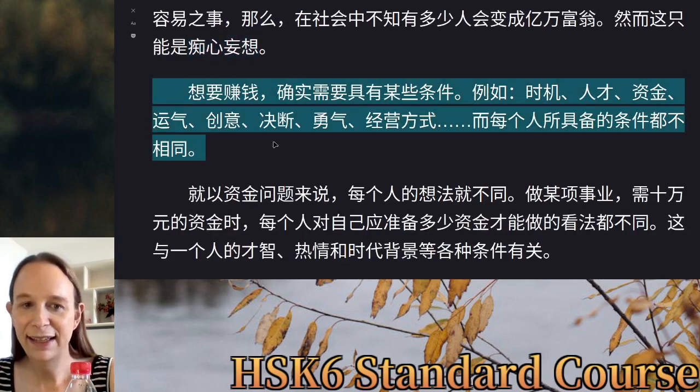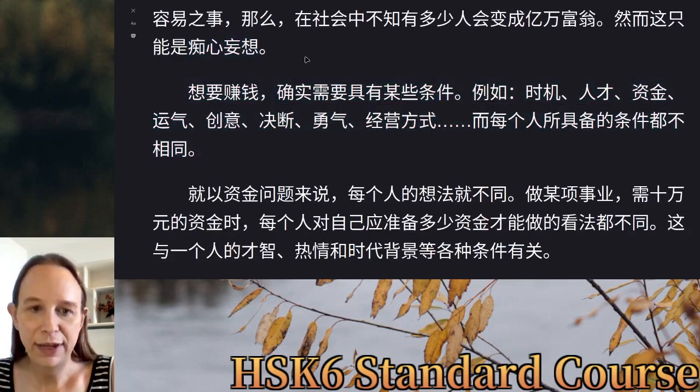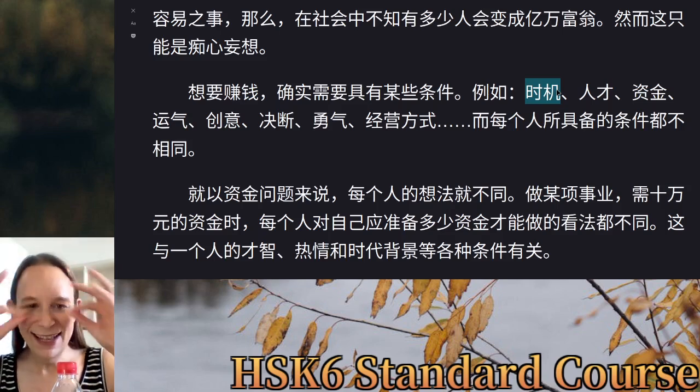So what's the knack? 想要赚钱，确实需要具有某些条件，例如时机、人才、资金、运气、创意、决断、勇气、经营方式。Yeah, all of those are important, right? Like the opportune time. So you remember Google Glass?